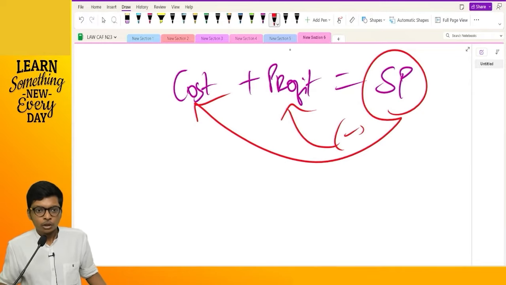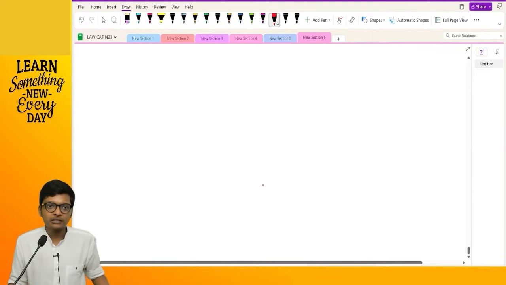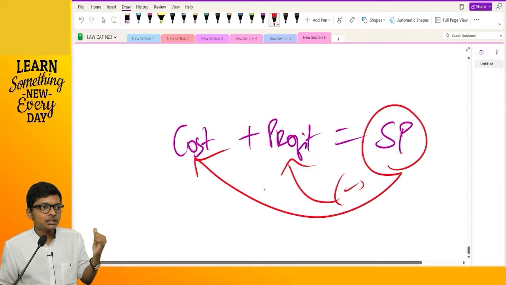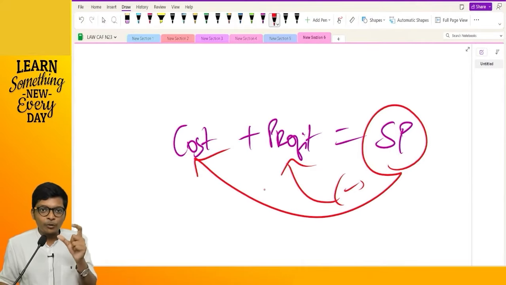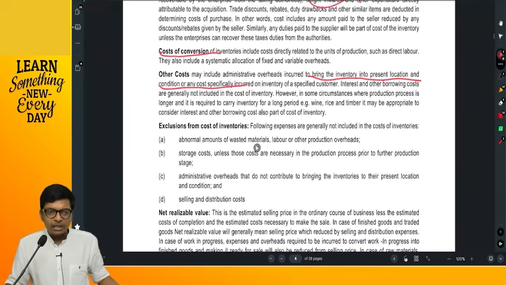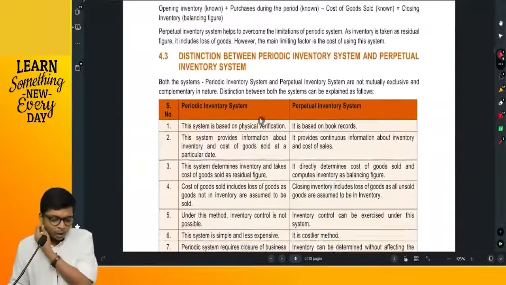Minus. So now I'm going to teach you maths a little bit, okay? How to find cost if selling price is given. How to find cost if cost is given with a profit percentage. Are you following, guys? For that, first let me do a sum. Then you will understand the importance.